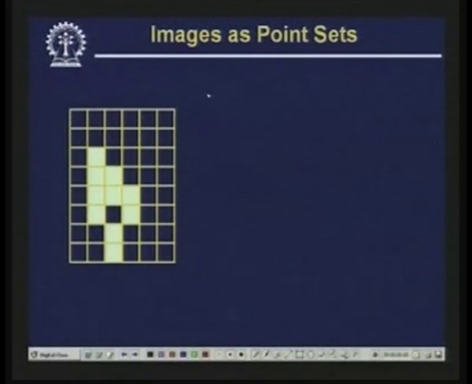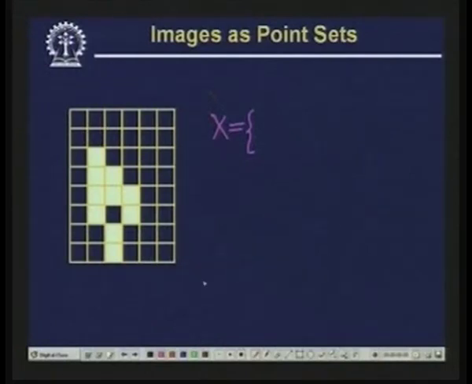So, I can write a set X, which is nothing but the set of points belonging to the object region.